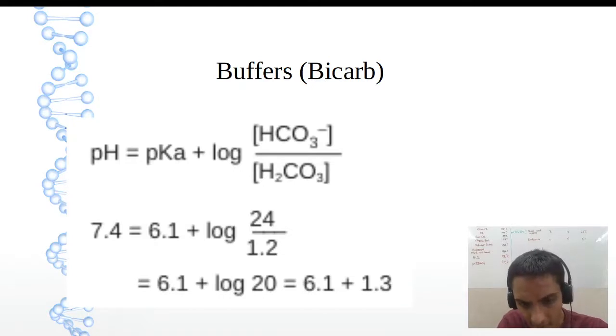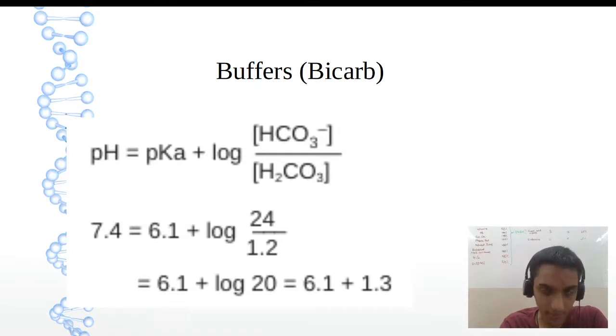Here you must be wondering about this log 20 and 1.3. So I will tell you a simple trick how to get it. There is a mathematical formula, that is log AB is equal to log A plus log B. Now in place of AB, take it 20. 20 is what? 2 into 10. So log 2 plus log 10. Log 2 is 0.3.